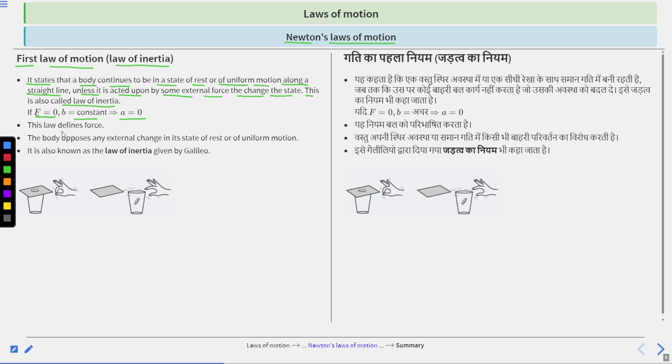This law defines force. So the body opposes any external changes in its state. Means first law of motion, in which a body opposes any external change in its state of rest or uniform motion. If a body is having uniform motion, then it opposes the rest, and if a body is at rest, then it opposes uniform motion.